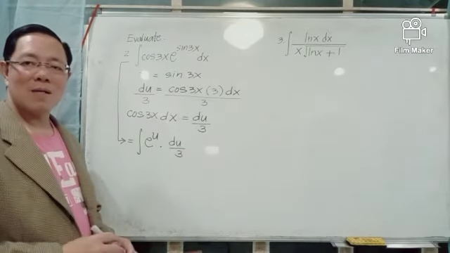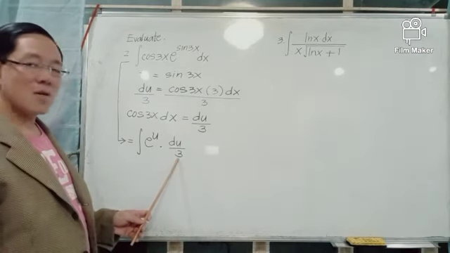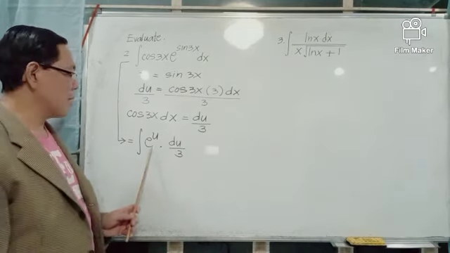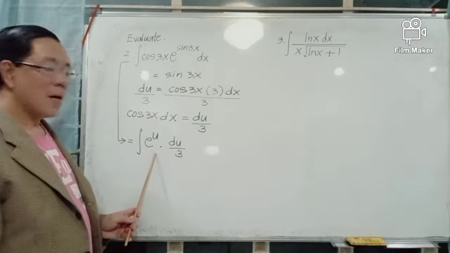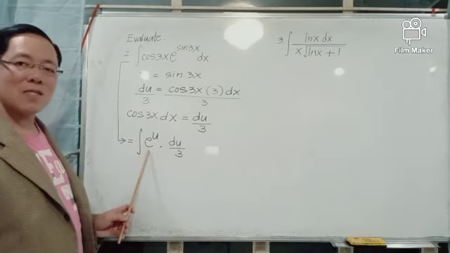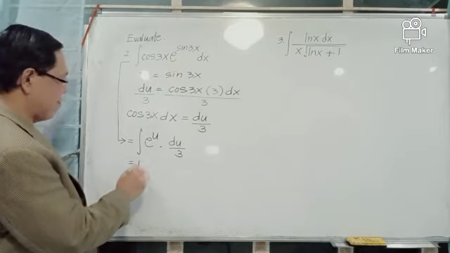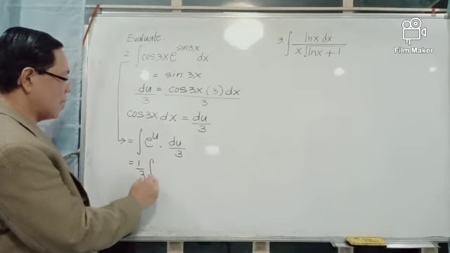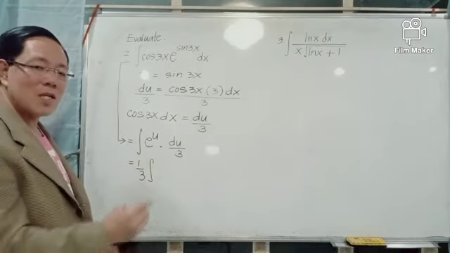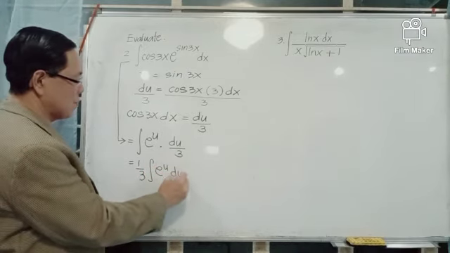And we apply the integration rule for the integral of a constant. Constant here is 1/3 multiplied by the function. By that integration rule, the integral of a constant times the function is equal to the constant 1/3 multiplied by the integral of the function e to the u with respect to u.